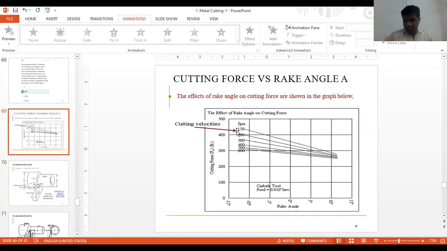But if your cutting velocity is 150, you need to have 420 pounds force. Right? So as the speed increases, your cutting force is decreasing. That's why, as the speed increases, you get a good finish, otherwise you are going to get continuous chips. Right? Any other question?